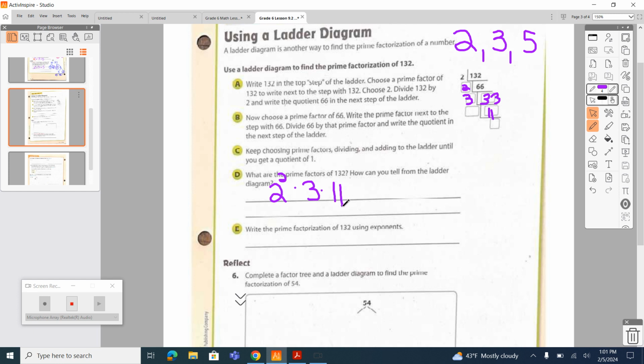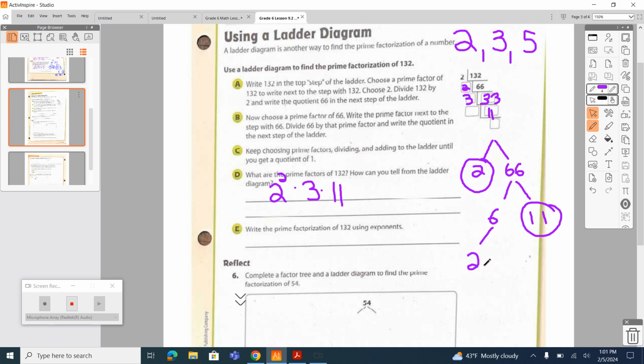And if I wanted to do it like we did the tree diagram, I could see if I started with 132, I got 2 and 66. What if I did this differently? What if from 66 I did 6 and 11? I could have done that. 11 is a prime number. 2 and 3.